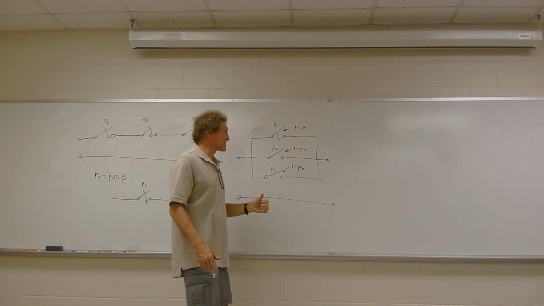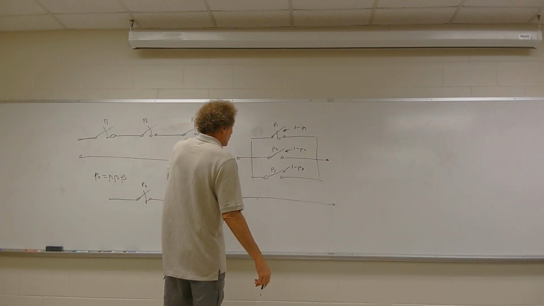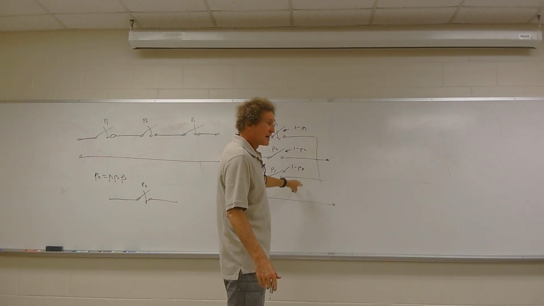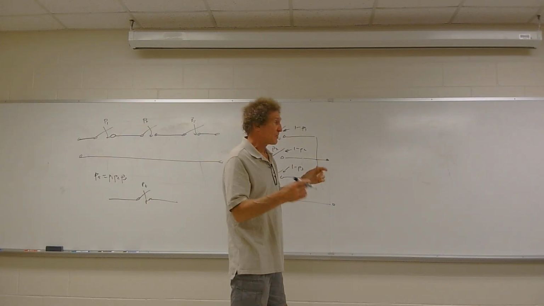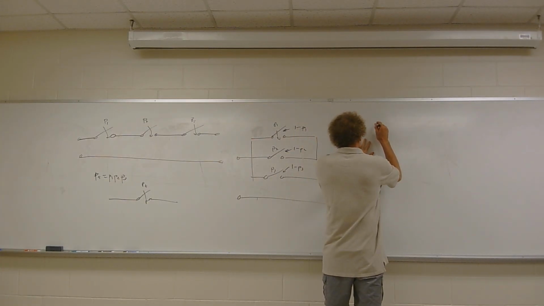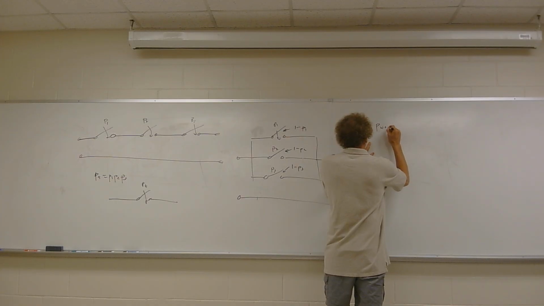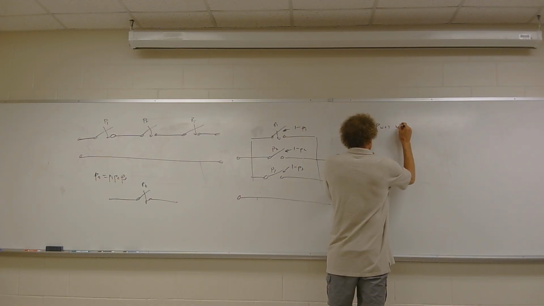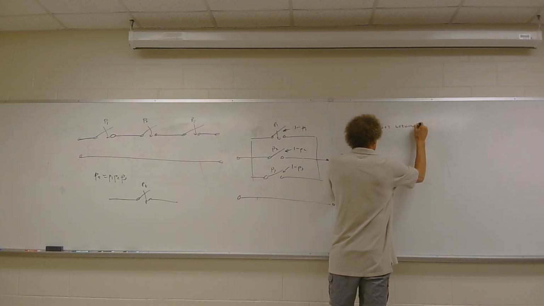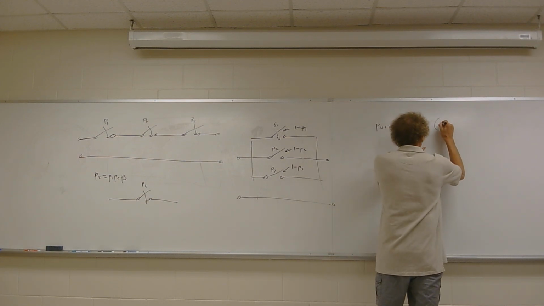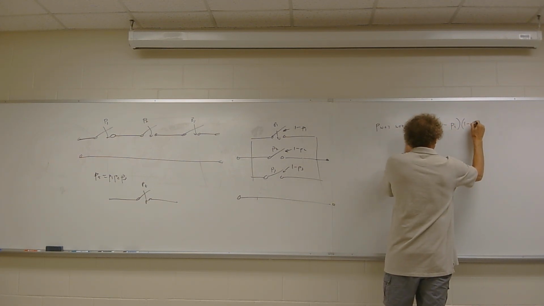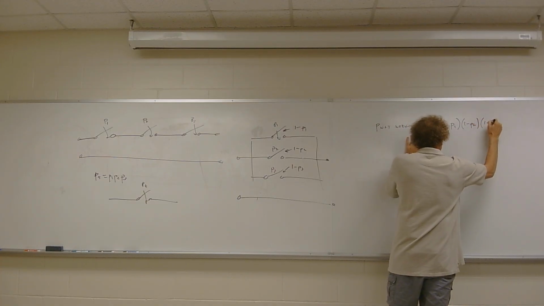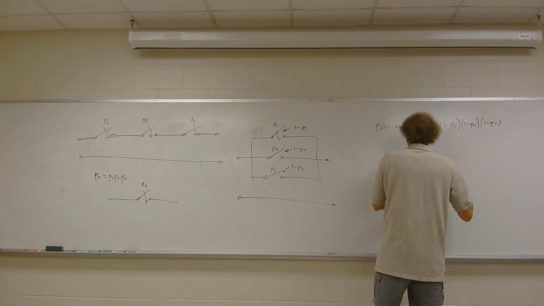Because they're independent, it's like that. Only now you're going to take the probability they're not working because you need the probability of none of them. So the probability of none working, or not working, is just going to be 1 minus P1, 1 minus P2, 1 minus P3.